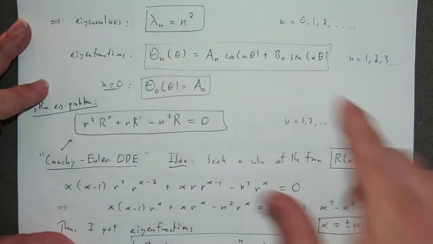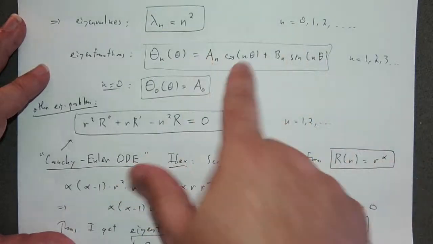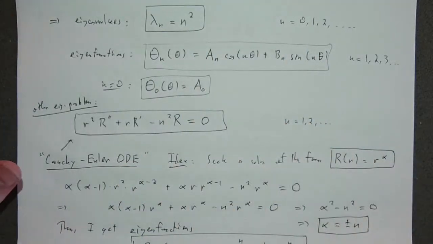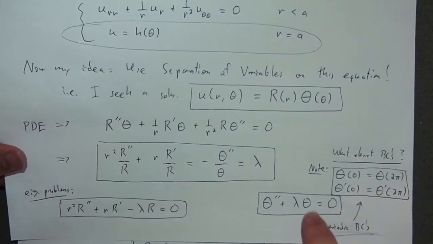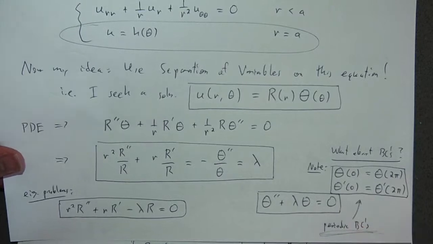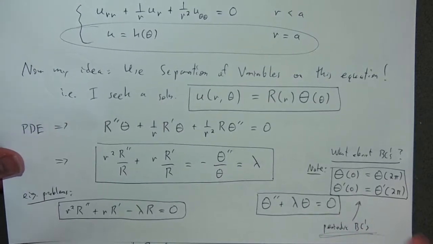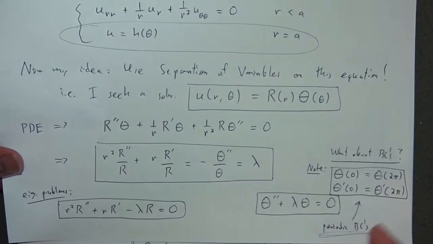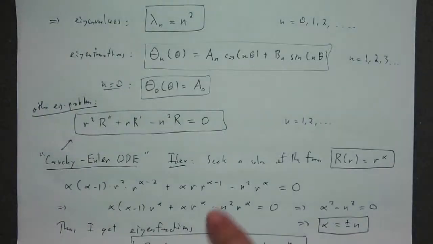And the eigenfunctions are given by this linear combination of sines and cosines. Going back to this eigenvalue problem, the solution that we got in this case for periodic boundary conditions was the full Fourier series, the eigenfunctions associated with the full Fourier series.